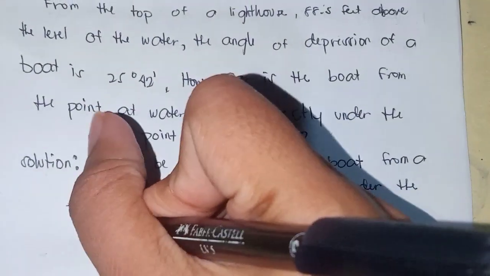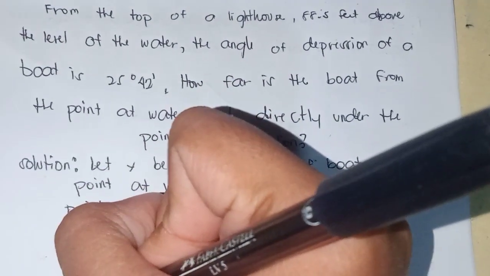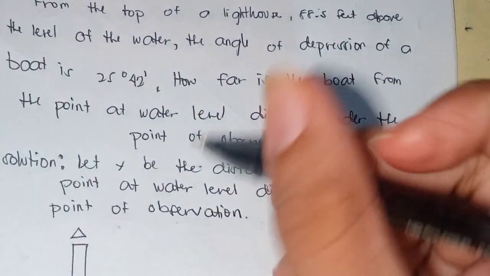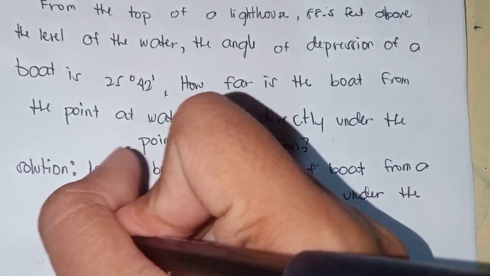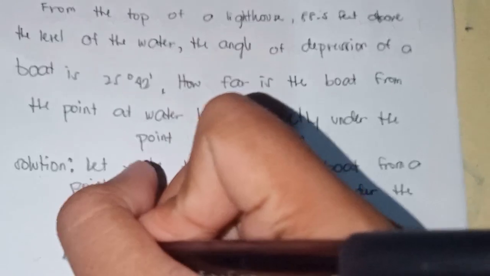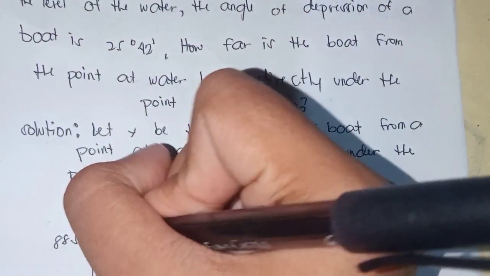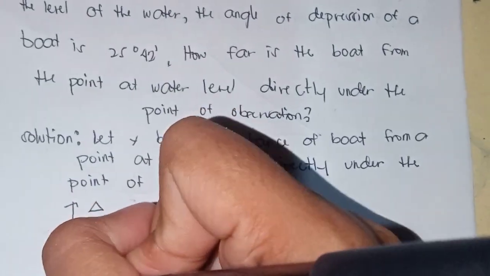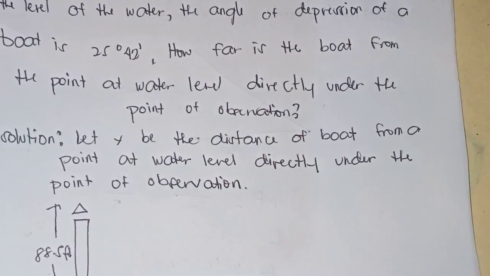So it says, from the top of a lighthouse, let's say this is our lighthouse, 88.5 feet above the level of the water. So we have here 88.5 feet above the level of the water. This is our water.